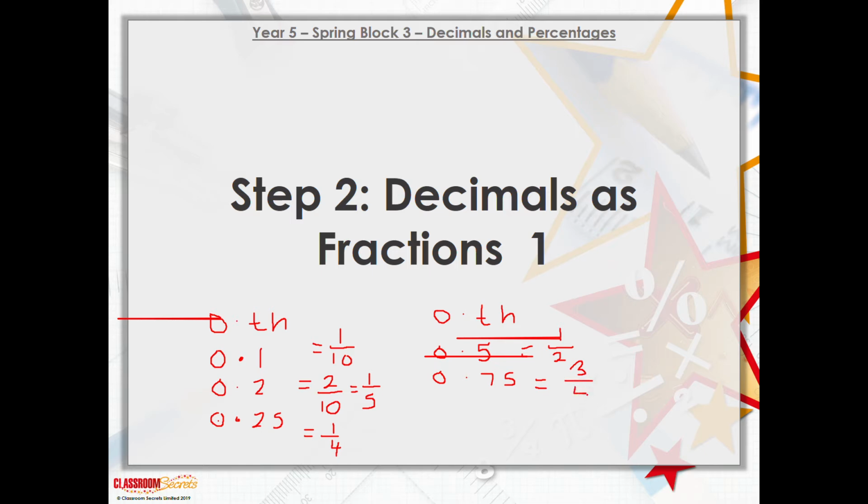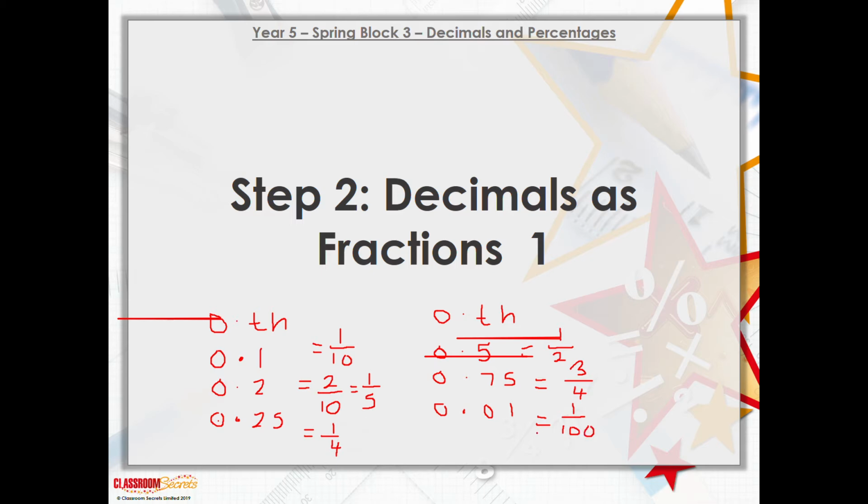Right, let's have a look at some hundredths now. If I put 0.01, there are no ones, no tenths, but there is 1/100th. There are 100 hundredths in a whole number, so this is shown as 1/100th.